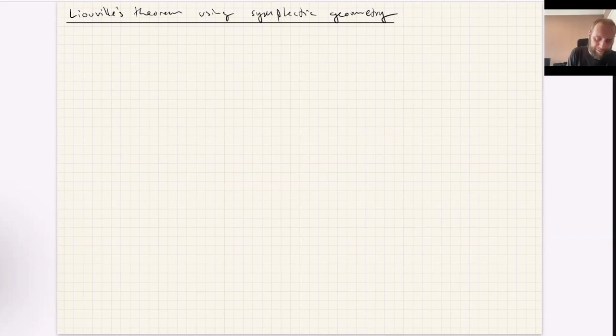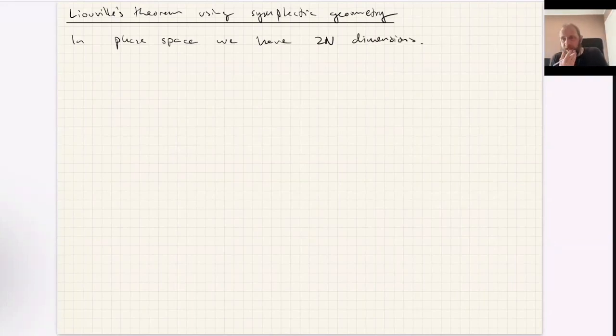So in phase space we have 2n dimensions. To make a volume integral, in some sense, we need a 2n-form. So we need a 2n-form to define volume.